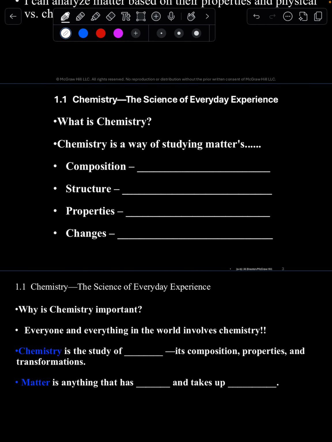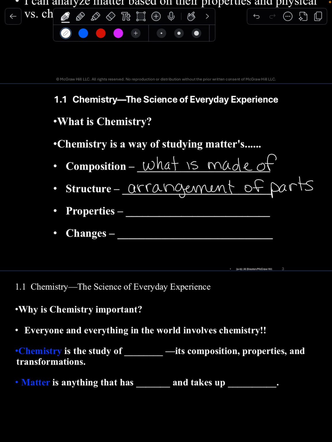So what is chemistry? We see here that chemistry is a way of studying matter in terms of composition, which is another way of saying what it is made of. We can study matter in terms of its structure or the arrangement of all the different parts.